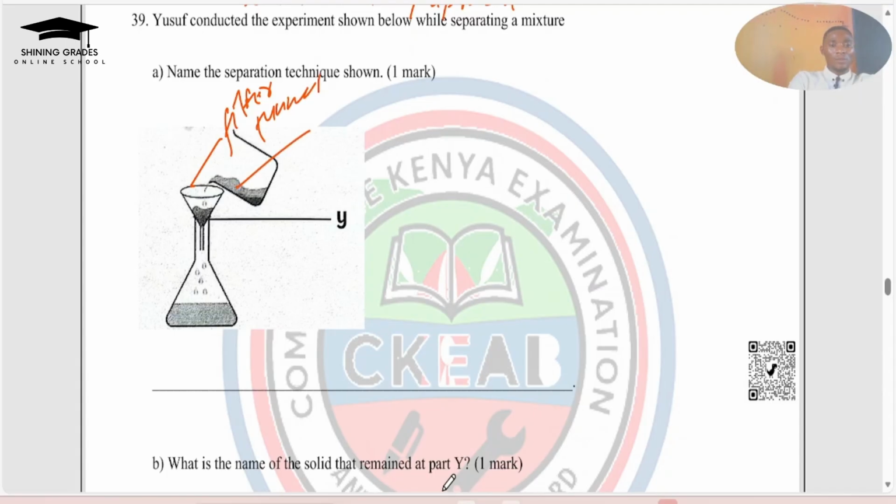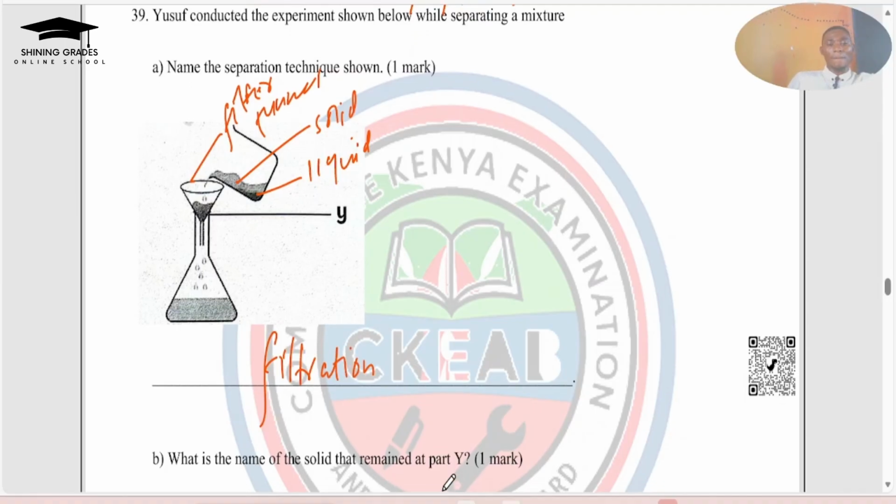It means that we are separating a solid and a liquid which are immiscible. So this method is what we call filtration.